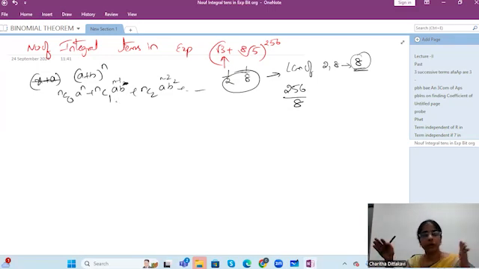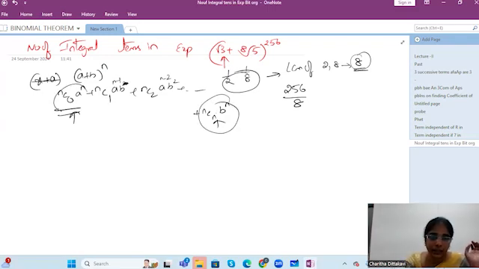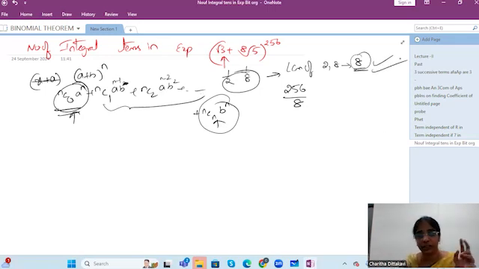The first term will not have b, and the last term, nCn b^n, will not contain a. Only in the first and last terms do you get just one of a and b. All the other terms in between have a combination of a power and b power, which we have already seen. All this we have already completed.